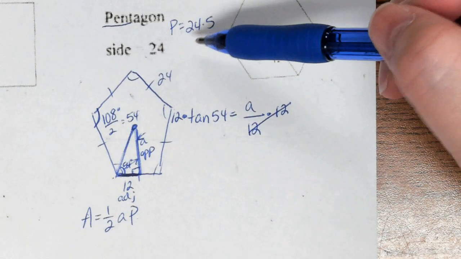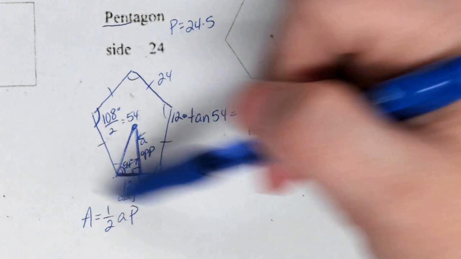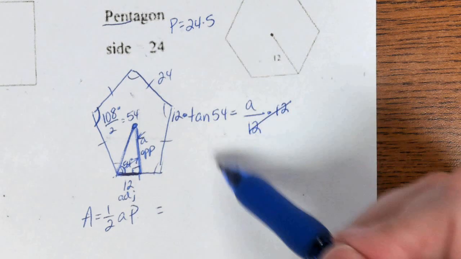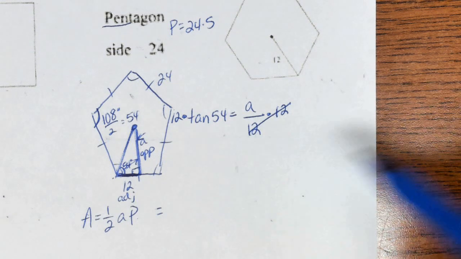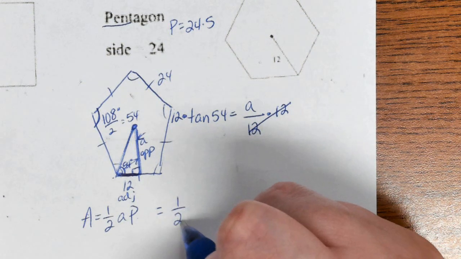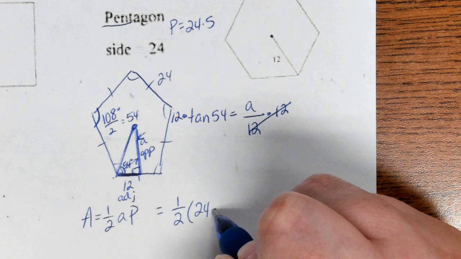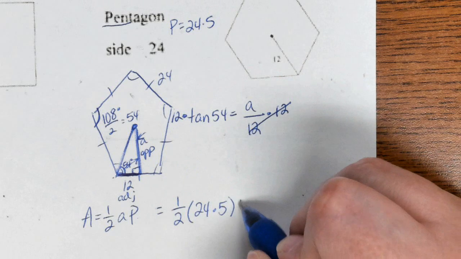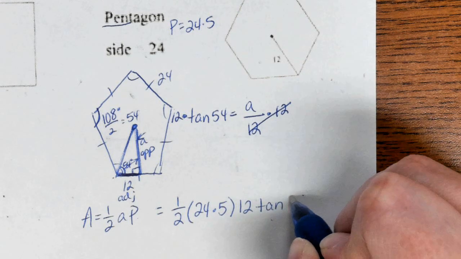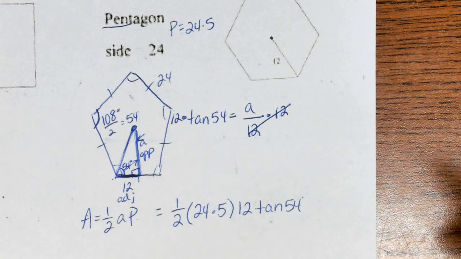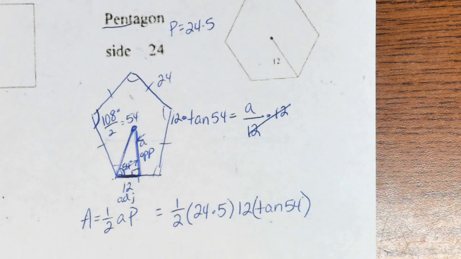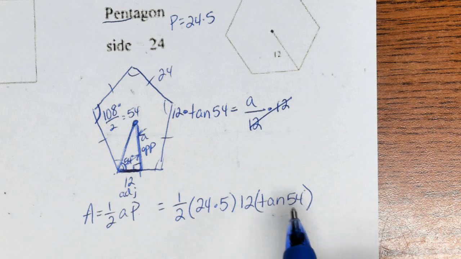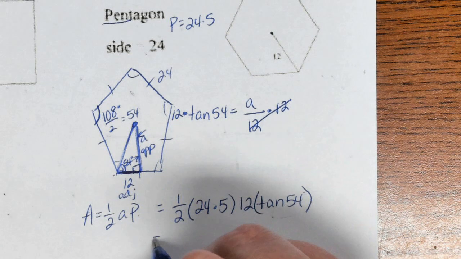So when we plug this all in here, you can find these two numbers first, but I tend to just put it all in one. I've got 1/2, then my perimeter is 24 times 5, and then my apothem is 12 times the tangent of 54. The only thing you've got to remember is don't put tangent of 54 separate. That 54 doesn't go with these numbers. That's part of this.